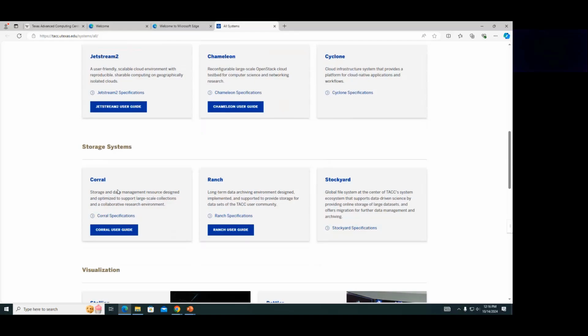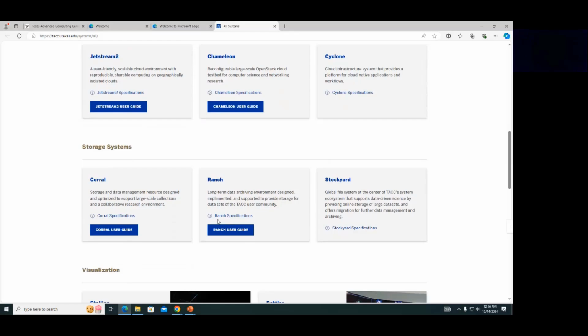The first one, Corral, is the storage and data management resource designed and optimized to support large-scale collections and collaboration research environments. This is high-speed, highly available.